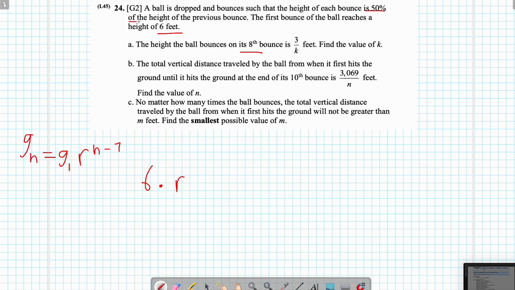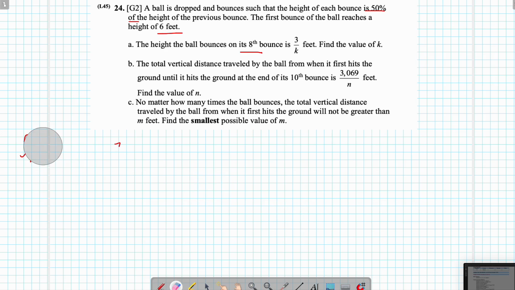It's not added or subtracted, it's 0.5 of the height, which is the ratio. 0.5 to the power of n minus 1. They want the 8th bounce. 8 is n in this case, so 8 minus 1 is equal to 7, obviously. So 6 times 0.5 to the 7 is equal to 3 over 64, which is the answer.